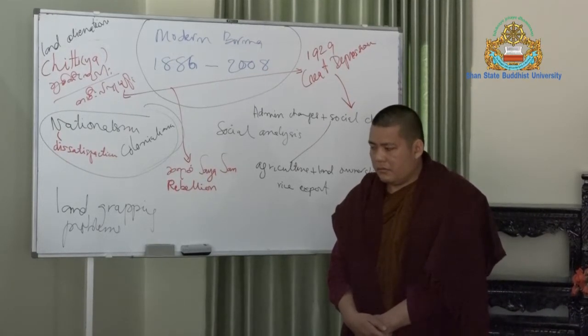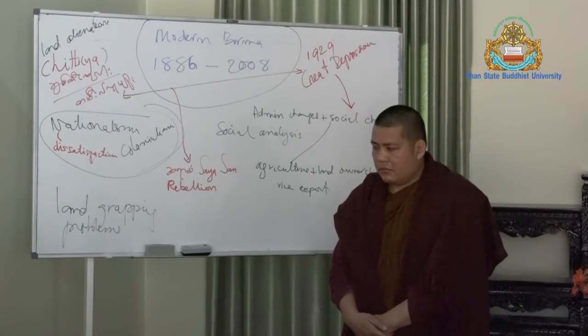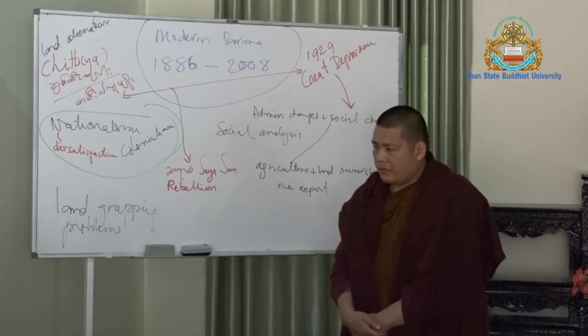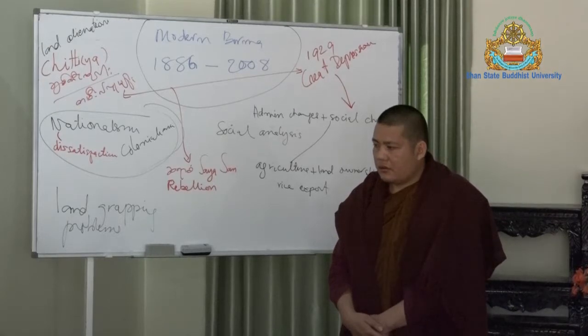So Sri Jinsaro wrote to the king that you can only collect tax of 10% from the people. That's from the Vinaya commentary he quoted. He quoted 10%. I saw that letter.